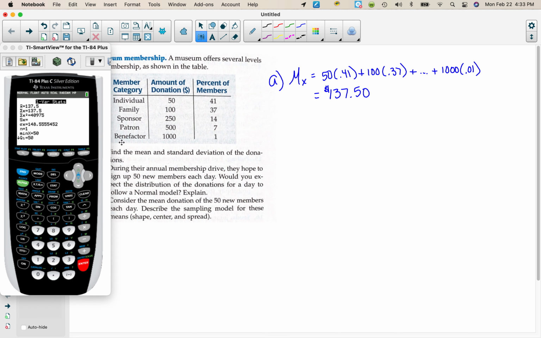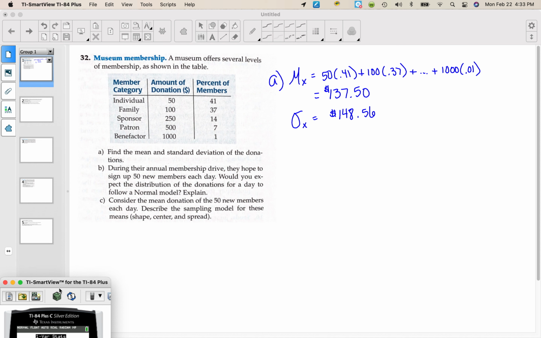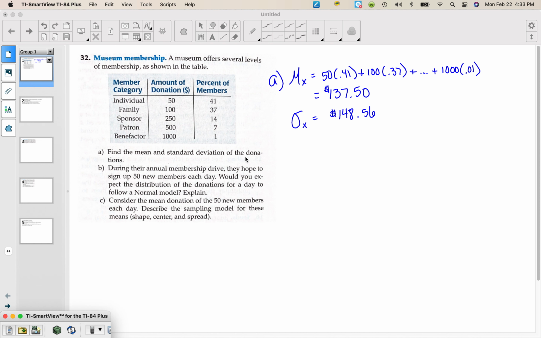We do this on the calculator because it's so much easier to find our standard deviation, which in this case is $148.56.